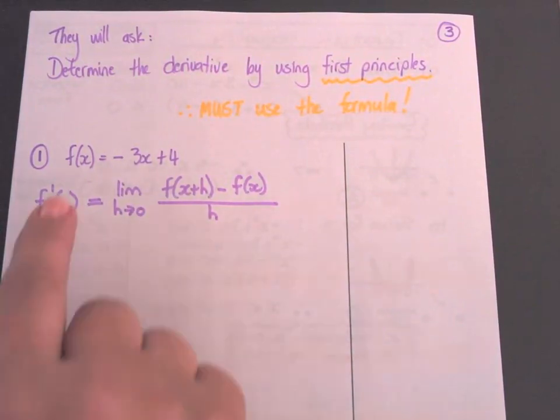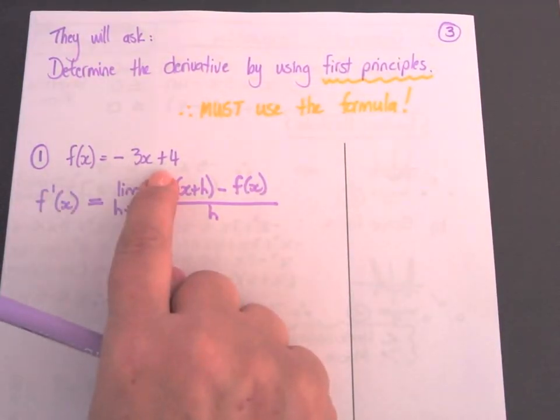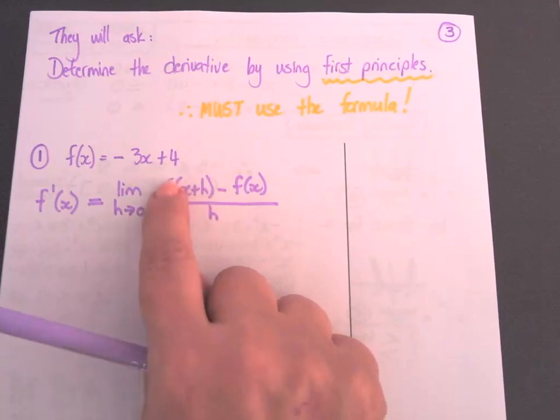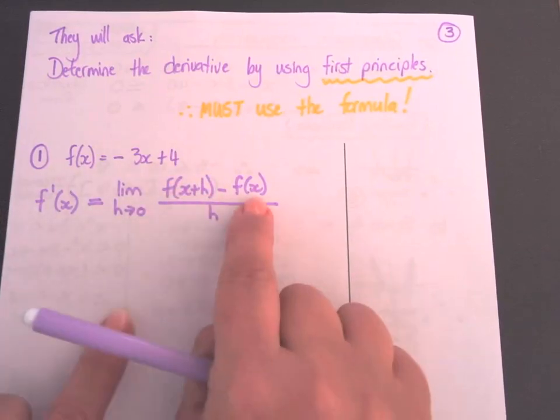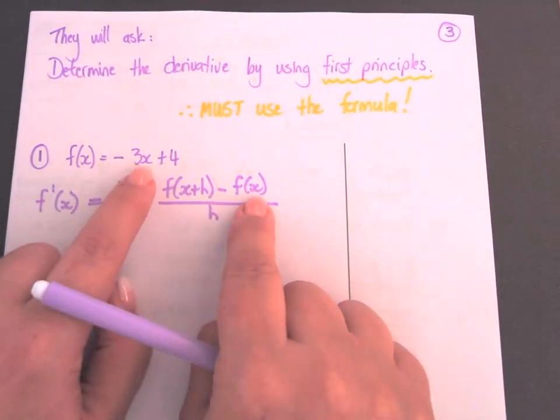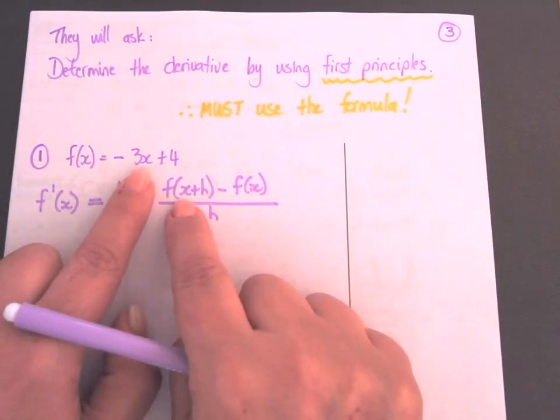Now we do have a function. And what does this mean? This means that in the place of x in the function, I must write x plus h.